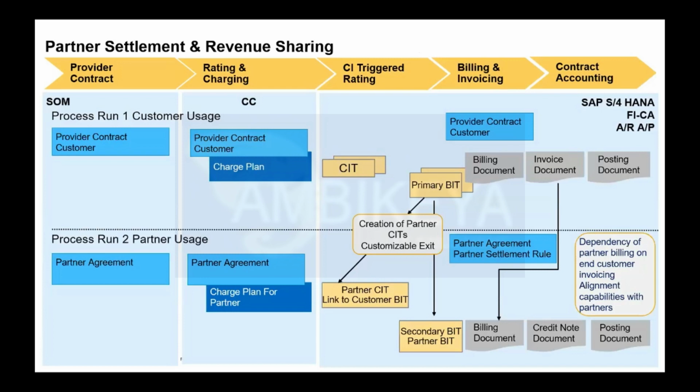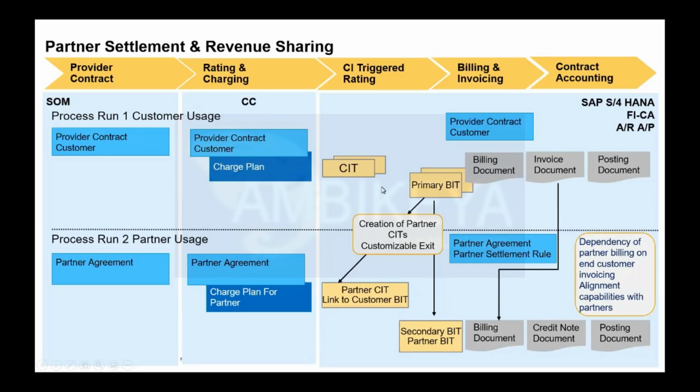So here is an overview about the partner settlement and revenue sharing process. On the one hand side, we have the customer contract and the charging, billing and invoicing. And on the other hand, in a complete second process run, we have the same as a customer contract, the partner agreement, which is a partner contract.